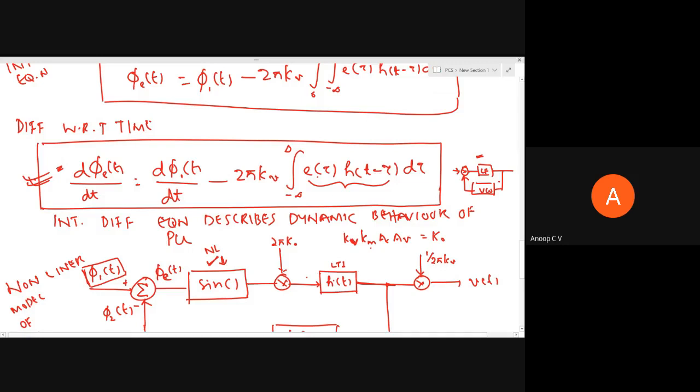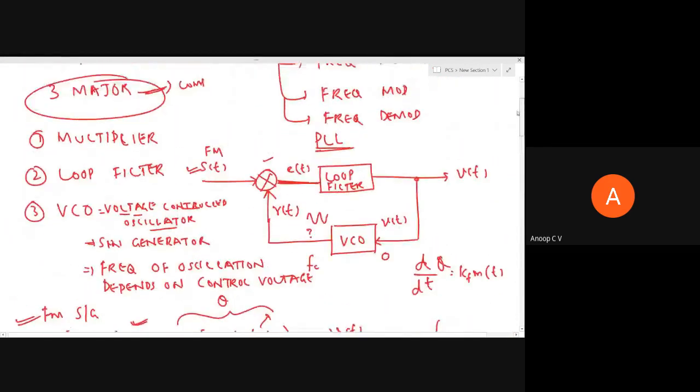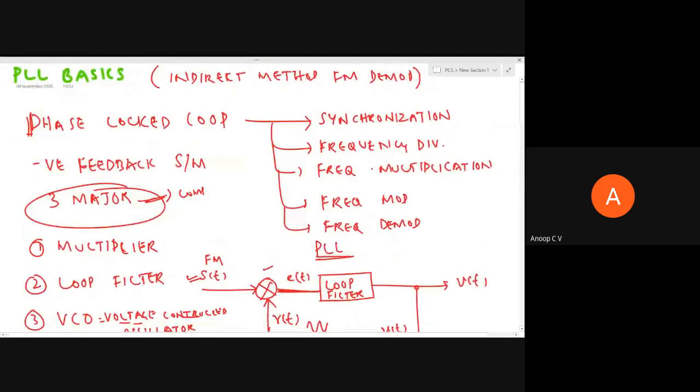That analysis is there in the textbook, and those who are interested can read it. But if you can write this much, that would be more than sufficient. If you see the model question paper, one question on PLL had come. Normally they ask the basic principle of PLL, maybe applications, or the linear and non-linear model of PLL. Okay, that's it about PLL.